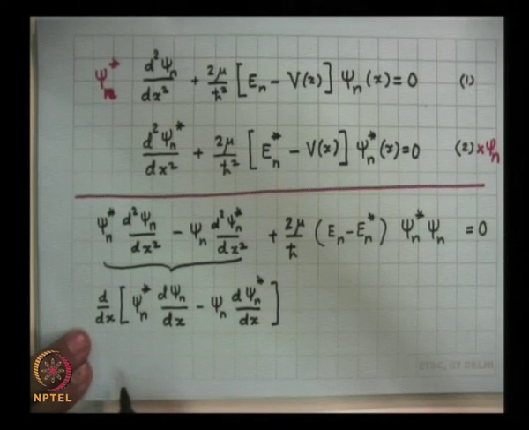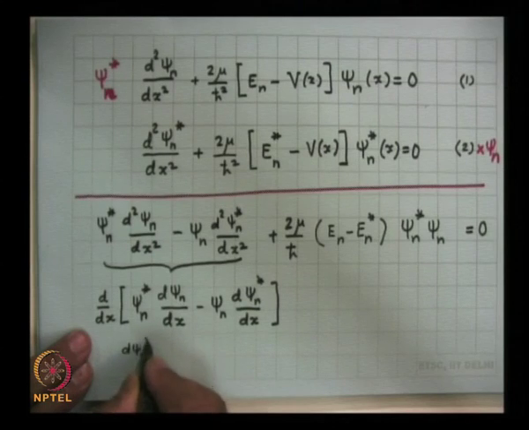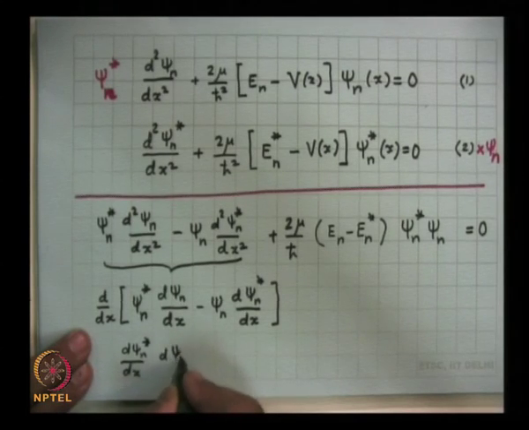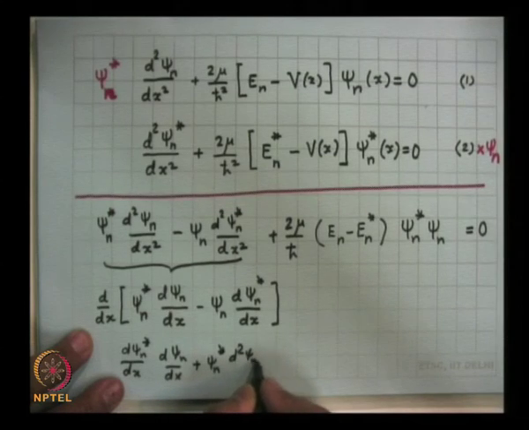Straightforward differentiation of this will give, the first term will be d psi n star by dx d psi n by dx, and then the second term will be psi n star d2 psi n by dx square.